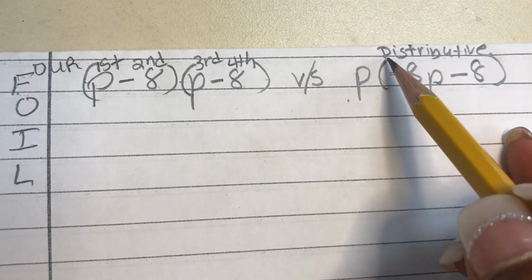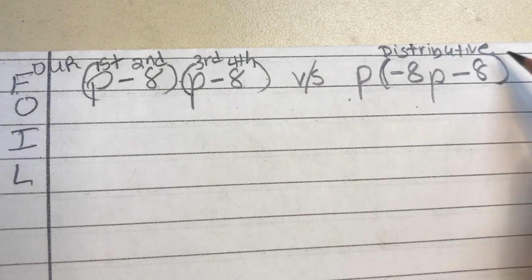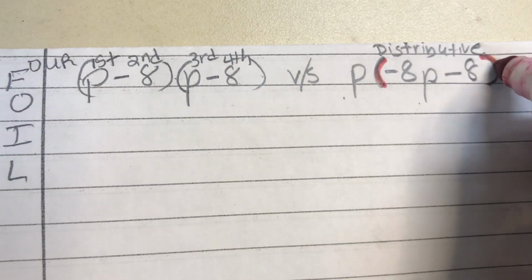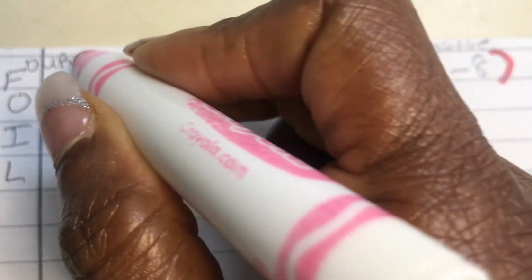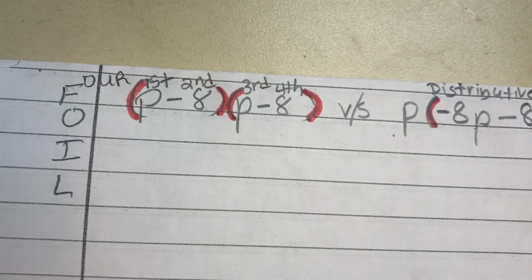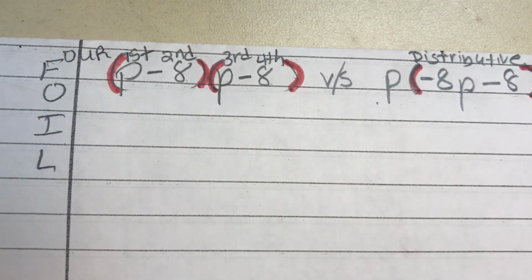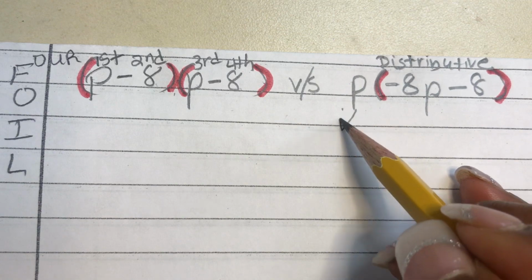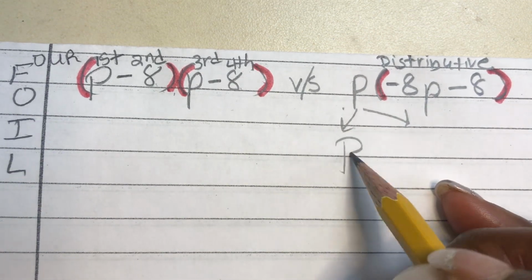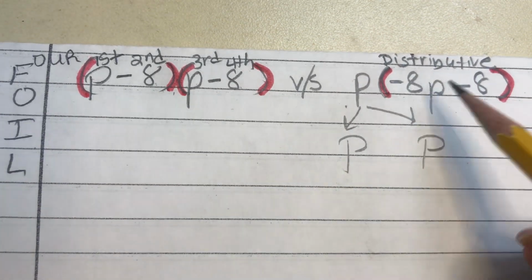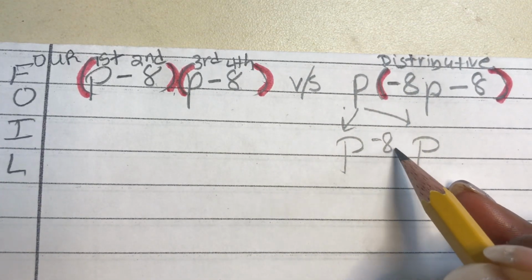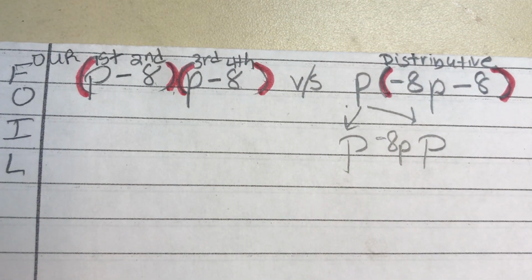So with the distributive property with one set of parentheses, that's one set of parentheses. This one has two sets of parentheses with nothing in between, so that means to multiply. Over here, I'm going to take the first number or letter and write it twice. I'm going to take this negative 8p and drop it here next to my first number.